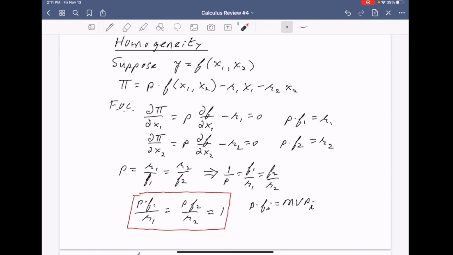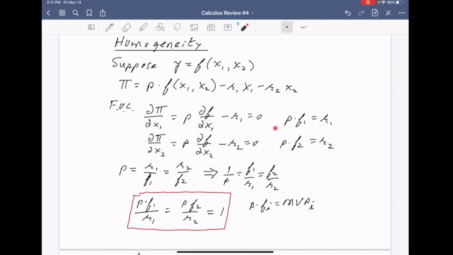So we take the first order conditions, which we do by setting the first partial derivatives equal to 0, and we get that the price times the marginal product of x1 minus r1 is 0, and that the partial of the profit function with respect to x2 is the same in that the price times the marginal product of x2 minus the input price of 2 is 0.